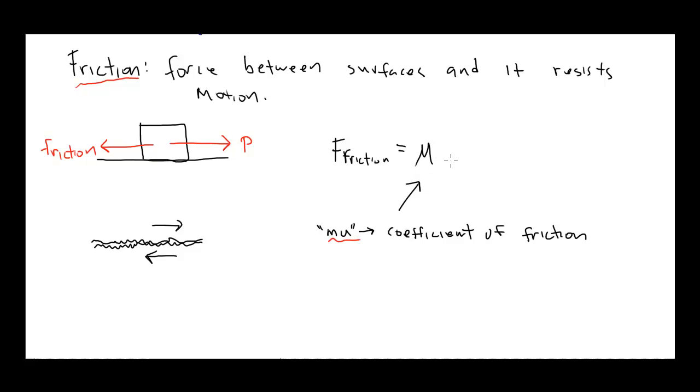The larger the mu value, the rougher the surfaces. The smaller the mu value, the smoother the surfaces. So that's the first thing. Again, this is a measure of roughness of the two surfaces.